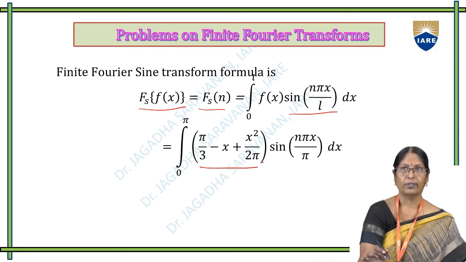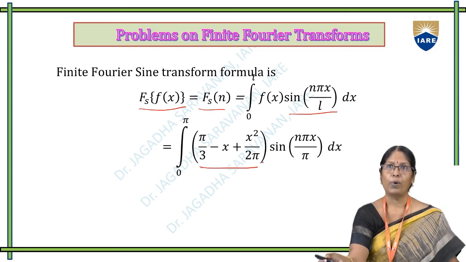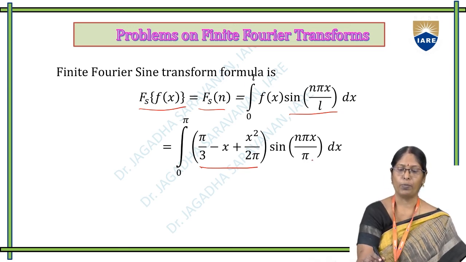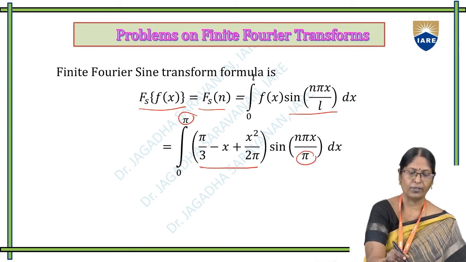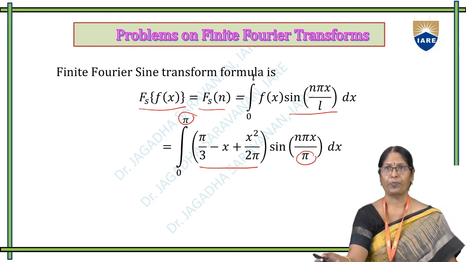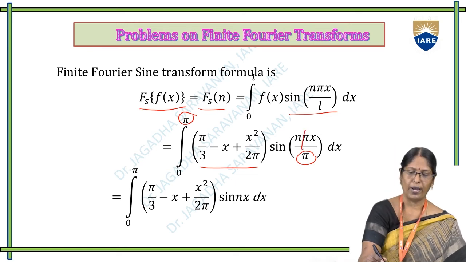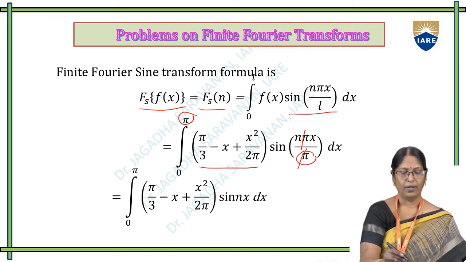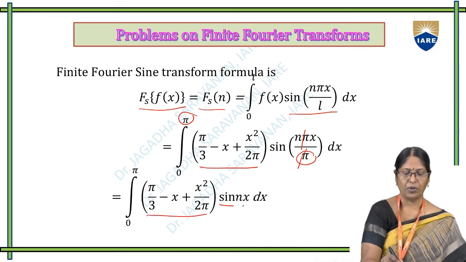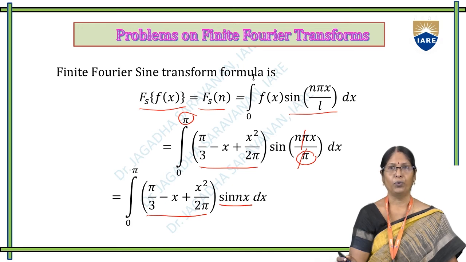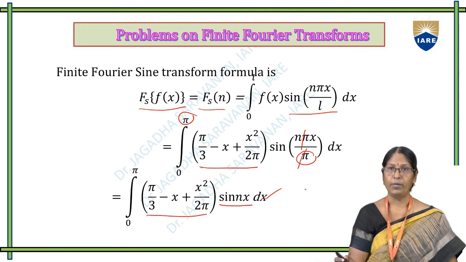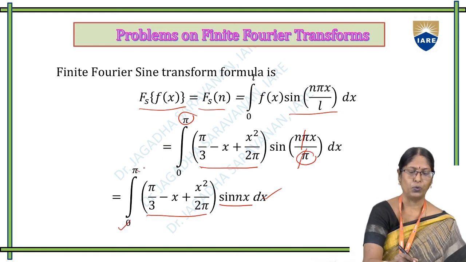The f of x is replaced by pi by 3 minus x plus x square by 2 pi, and L is replaced by pi. So the pi gets cancelled, giving sine nx dx. It is algebraic times trigonometric, so we have to do the integration with respect to x, with the limits from 0 to pi.